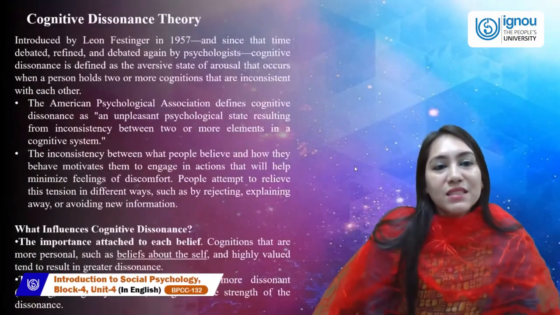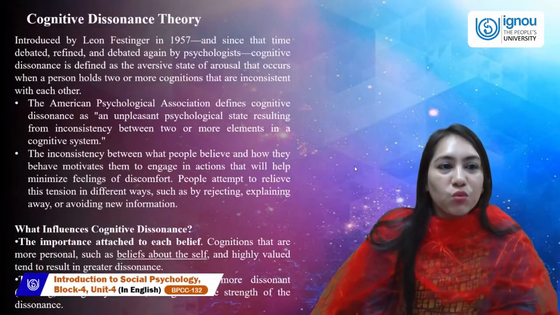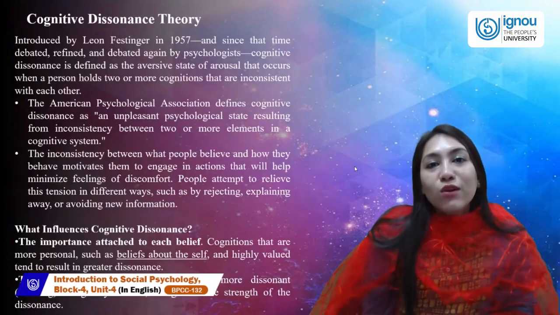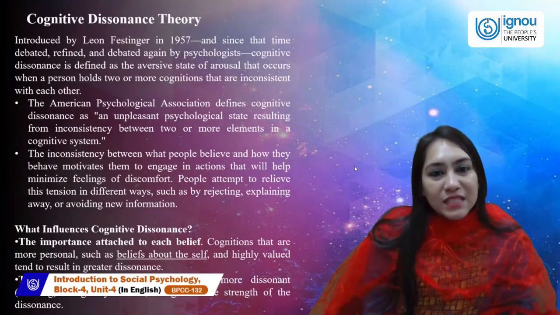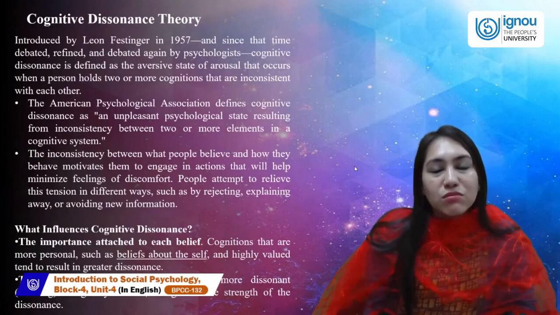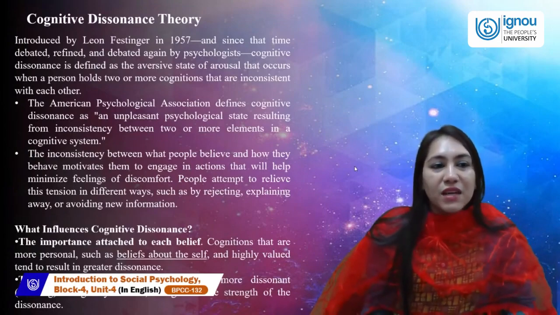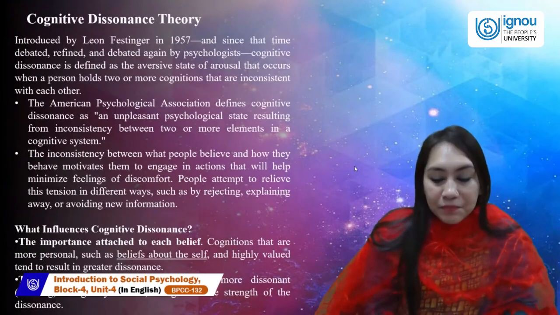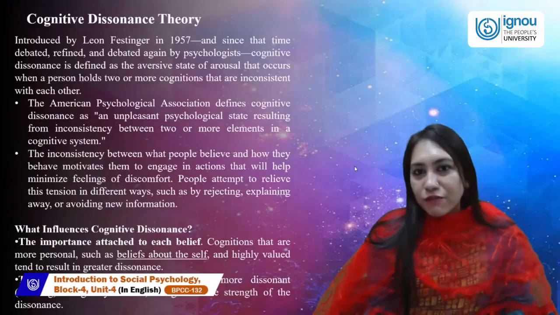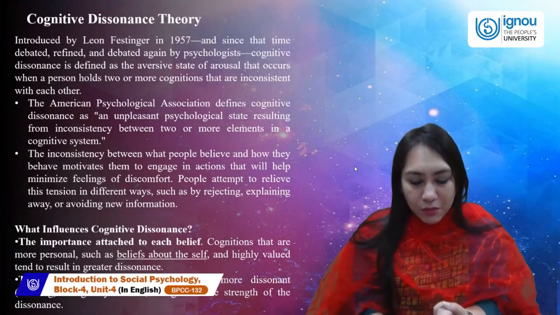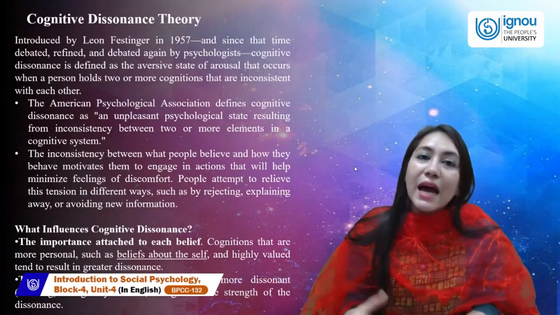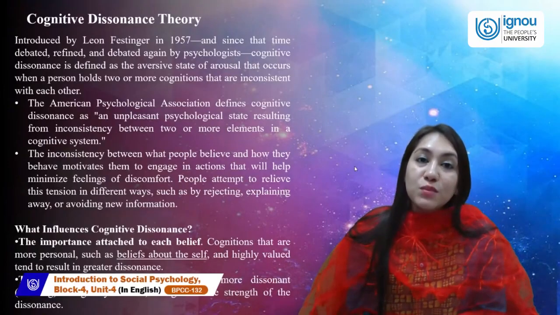So let's understand the concept of dissonance and who came up with this. Leon Festinger in 1957 stated, a lot of psychologists had this debate, that is it necessary that all the components of attitude, which is the affective component, the behavioral component, and the cognitive component, need to be in sync.